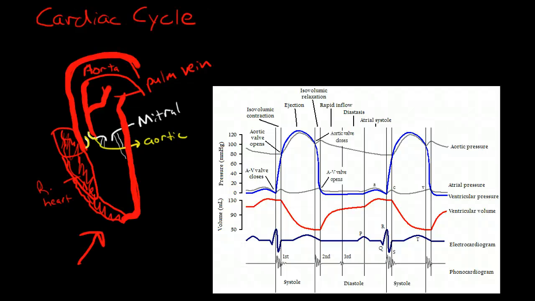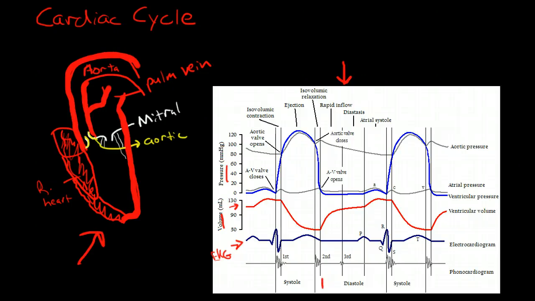Okay, so over on the left side of the screen here, we have a diagram of what is going on in the pressure. So this blue curve here is a pressure curve, and the volume, the red curve here, is a volume curve, and then the EKG. Okay, so I'm going to start out here, sort of in the middle.